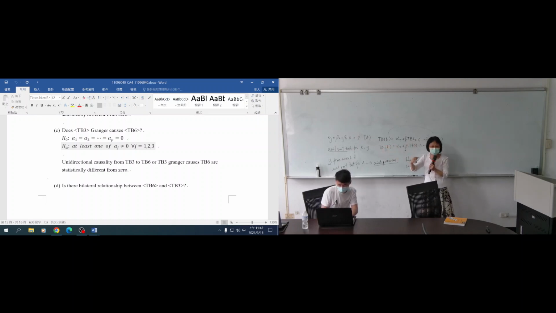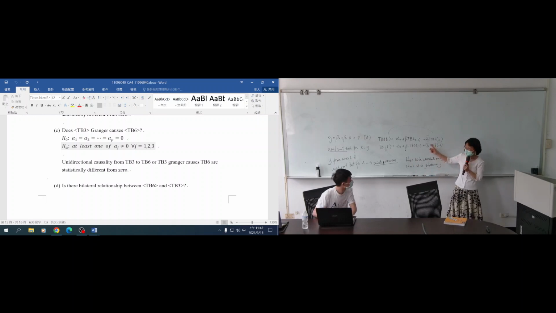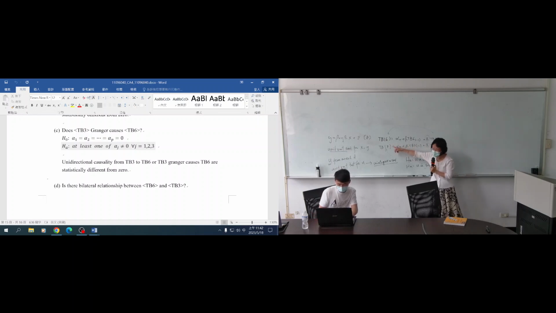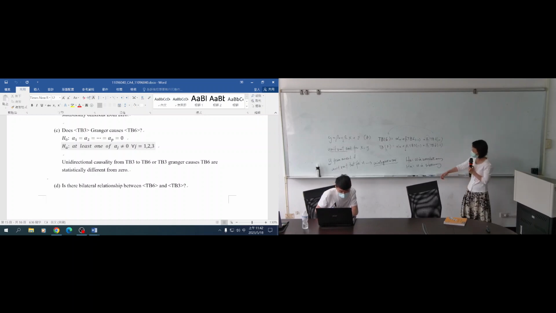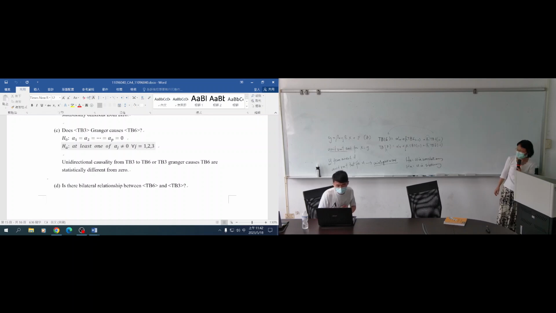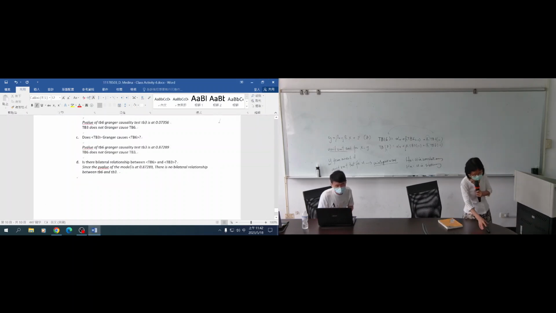And when we say Granger causality test, it should be different X variables. The reason we set up these two is because individual Y can be itself individual X. Yeah, this is for Granger causality test.